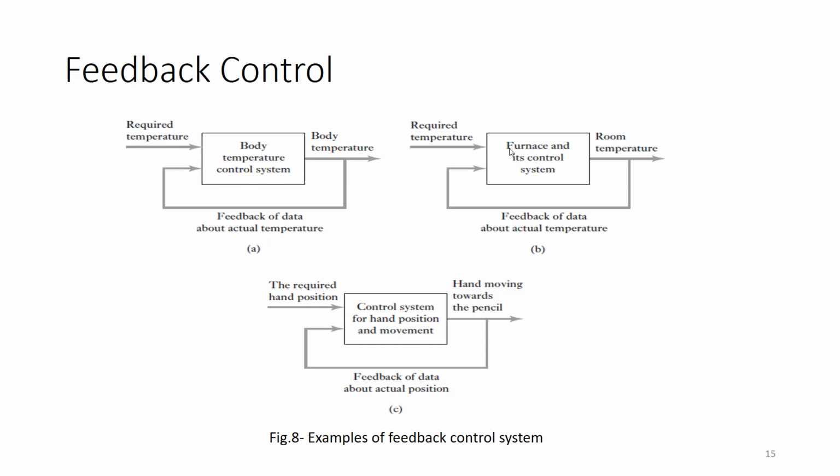This could also be implemented to a heating system where one furnace is heating the room. There also, till the point you haven't attained the temperature, it will keep on working. This is done by comparing the actual temperature and the required temperature with each other through a feedback system.